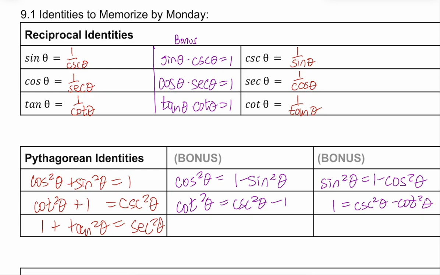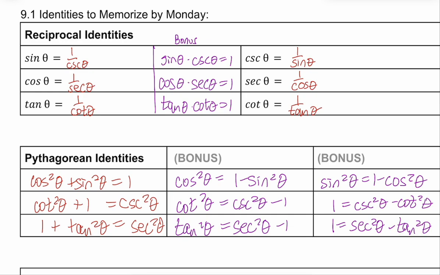And then we're going to do a similar technique for our last one, our tangent squared and secant squared one. If we get the tangent squared alone, it's secant squared minus 1. If we get the 1 alone, it's secant squared minus tangent squared.